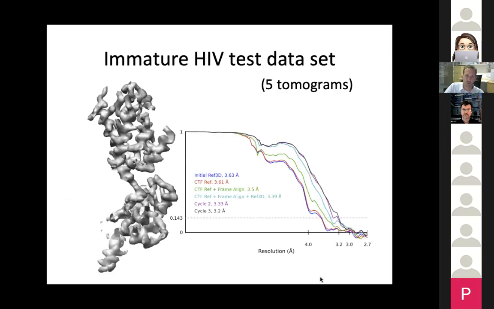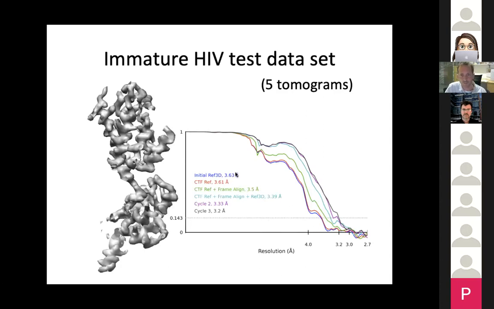And just to show you some results, Kino did this on a test data set of immature HIV, which comes from the Briggs lab and has been used in multiple papers. We just used particles from 5 tomograms, going from an initial refinement just in RELION-4 with pseudo sub-tomograms, using some initial model that I think Kino made de novo from the particles, or the structure that was there, low-pass filtered.